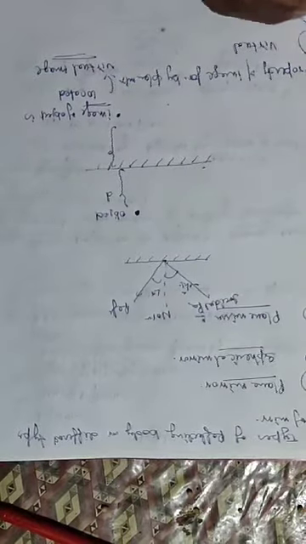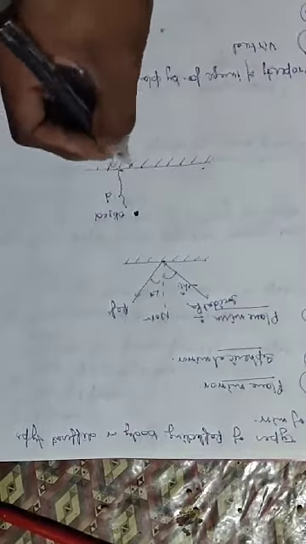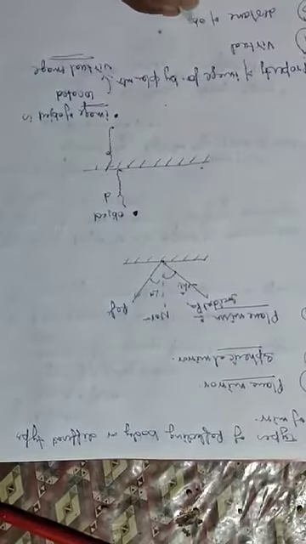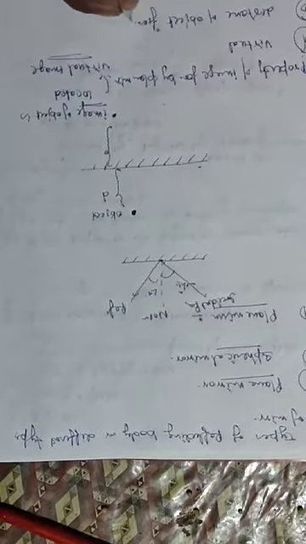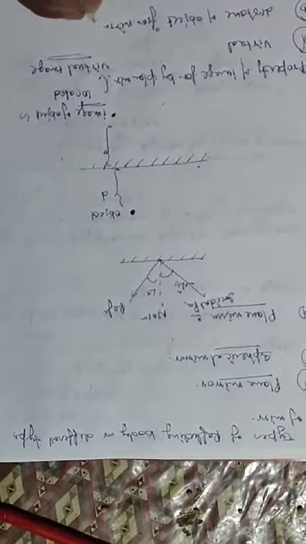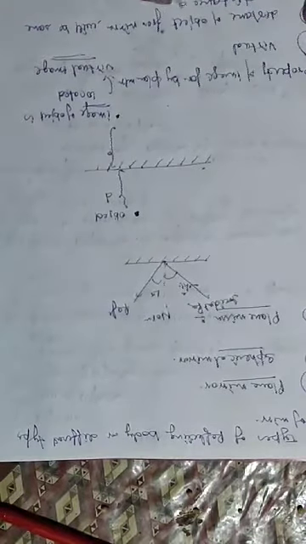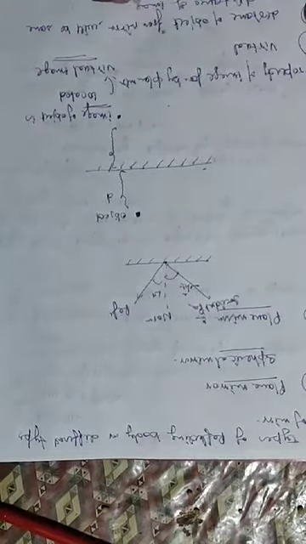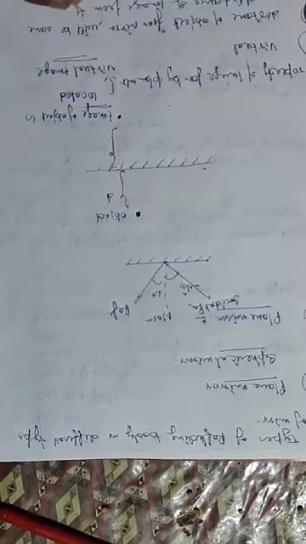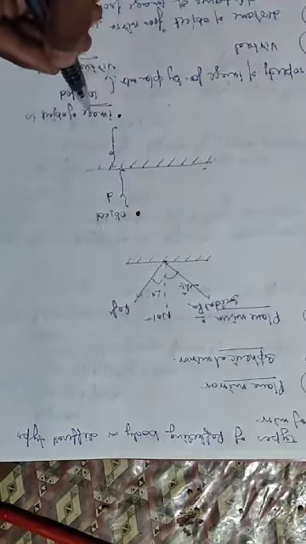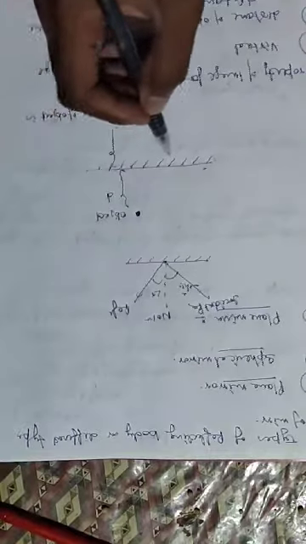This is virtual. And second, the distance of the object from the mirror will be the same as the distance of the image from the mirror, and the image which is formed is of equal size to that of the object in the case of the plane mirror.